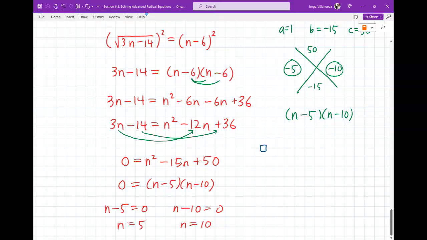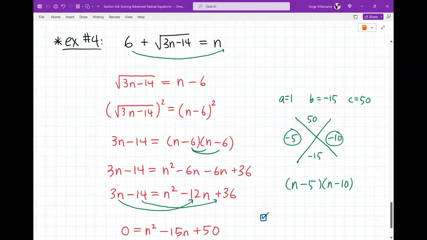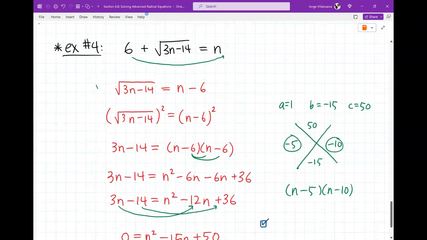Now, just so you know, you can check the black equation, or you can check the equation right under it, the one where I moved the 6 over, because they're equivalent. I'm just going to do the second equation, this one right here. It doesn't matter.